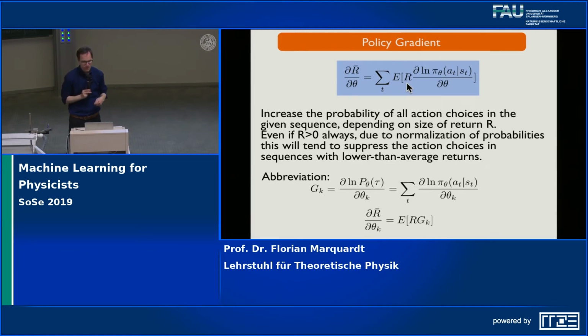But as a matter of fact, this doesn't really result in a problem, and the reason is that these bad actions, if they are really bad, will more likely lead to a bad return than to a good return. Sometimes they ride along on all the good actions and still get a little boost in their probability, but much more likely they will occur during bad trajectories with a bad return. And so on average over all trajectories, their probabilities will be diminished.